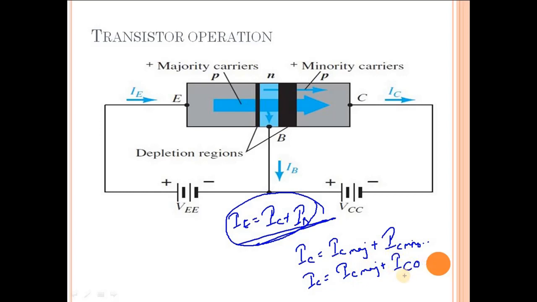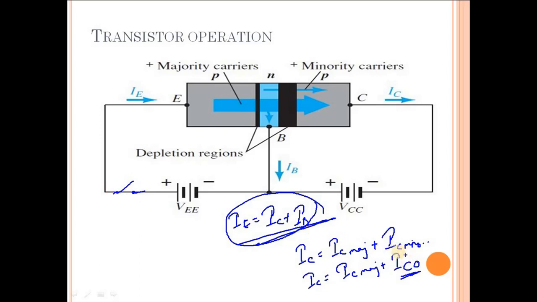What does the ICO notation mean? ICO is the same as IC minority. The CO is to specify the collector current which prevails even when the emitter terminal is open.